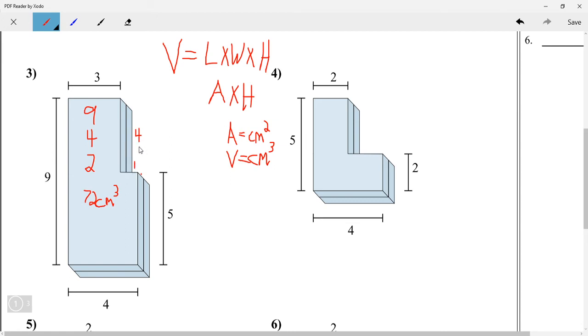Now 4 times 2 is 8, times 1 is 8. So now we're doing 72 minus 8, right, and still centimeters cubed, and 72 minus 8 is 64 centimeters cubed. So that is just one other way you could do it.